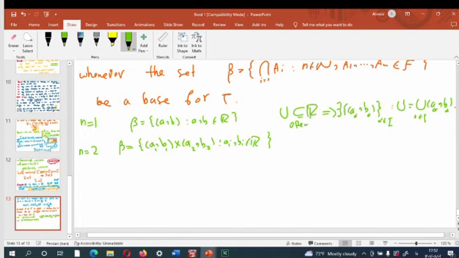And in the case n equal to 3, this is a base: the product of n open intervals in the general case.